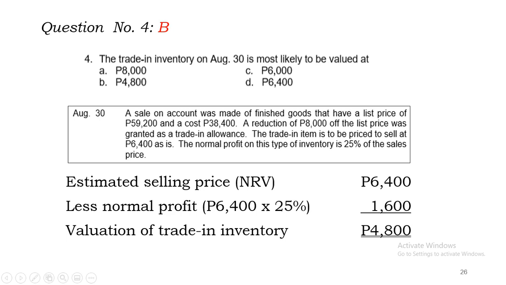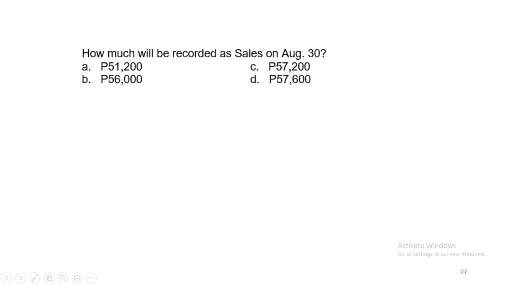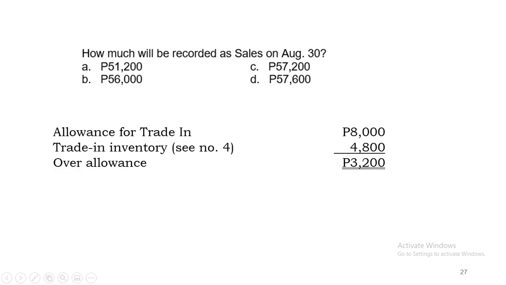And lastly, for number 1, how much will be recorded as sales on August 30? So for the sale on August 30, first you compute for any over or under allowance. Take note that the allowance for the trade-in was 8,000, right? And then it was found out that the true worth of the inventory is only 4,800.